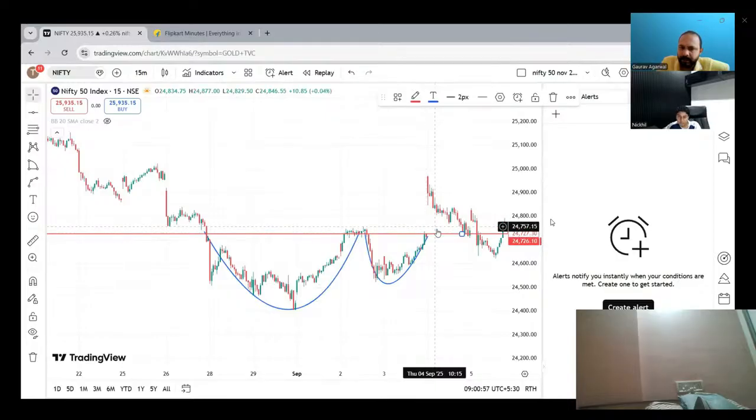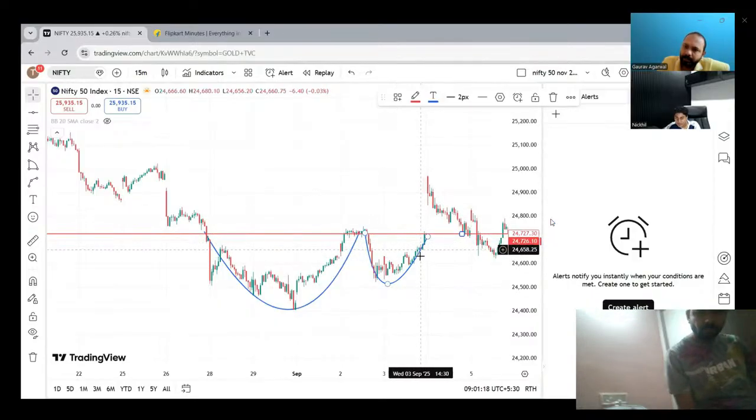And next day it opened gap. Yeah. But this is a bullish kicker, right? Bullish kicker, I mean bearish, because it is forming at the top, right? So it's for the shorting purpose.